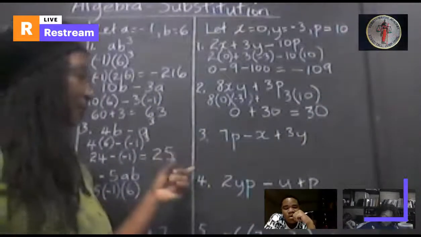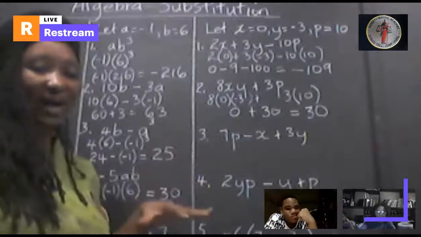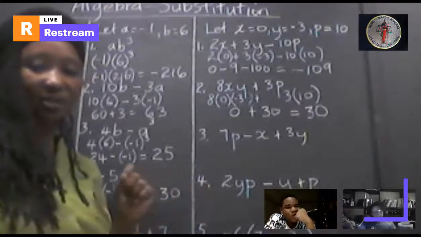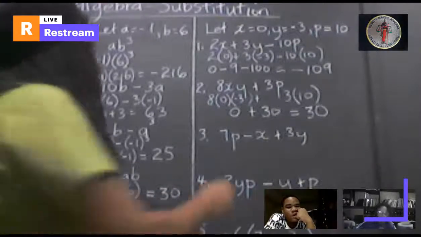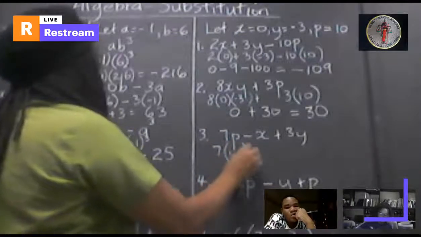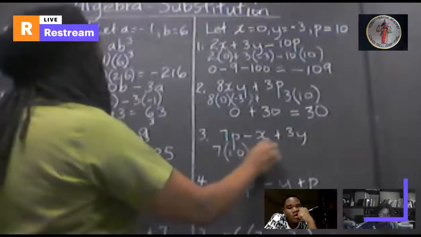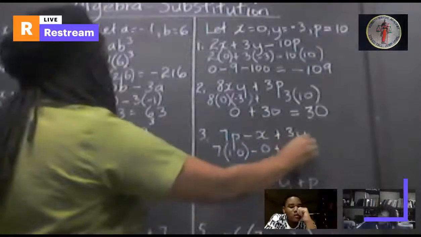Number 3, 7p minus x plus 3y. So 7p would be 7 times 10, minus 0, plus 3 times negative 3.